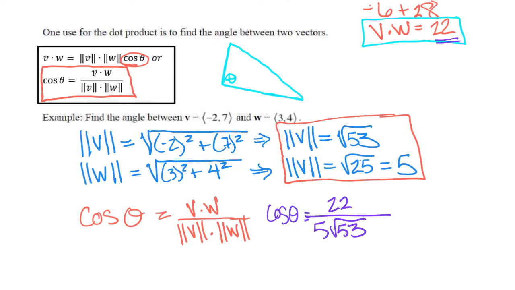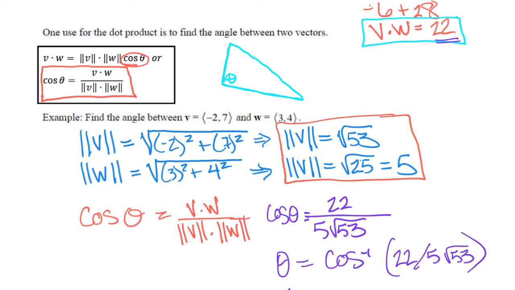Okay, so how do I find theta? We're going to do cosine inverse of, and then this is just a calculator cruncher, 22 divided by 5 root 53. Putting that into our calculator, we're going to find that the angle is approximately 52.815 degrees.